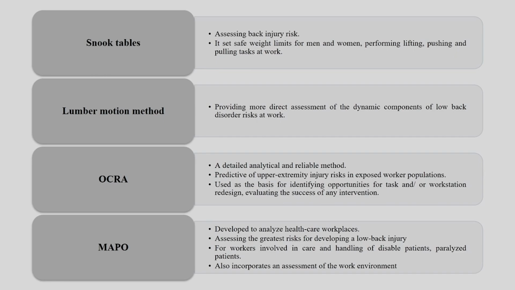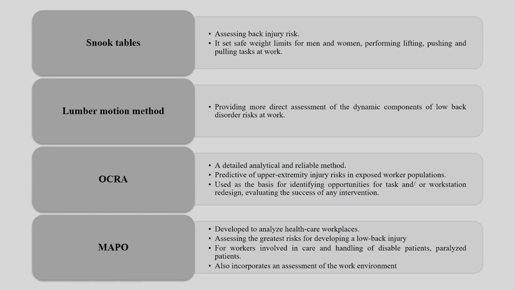OKRA, a detailed analytical and reliable method, predicts the upper extremity injury risk in an exposed work population, and is used as the basis for identifying opportunities for task and workstation redesign, and evaluating the success of any intervention.